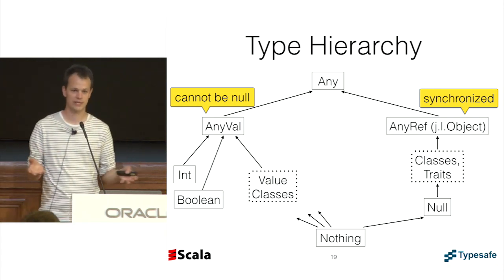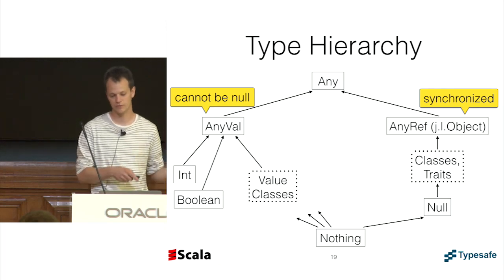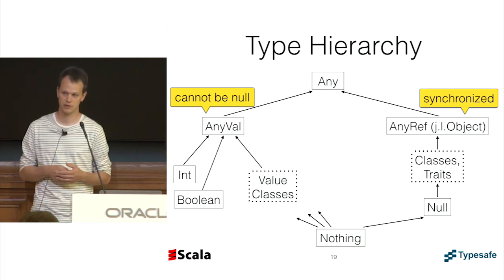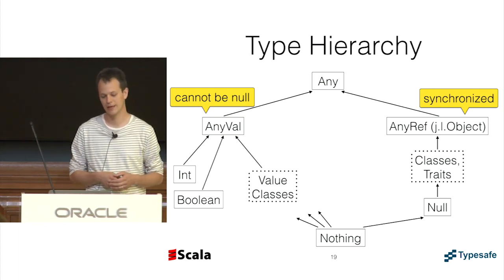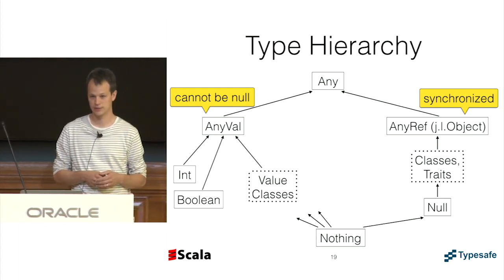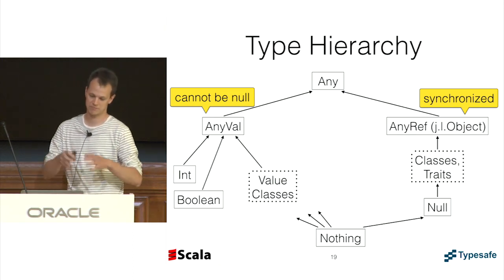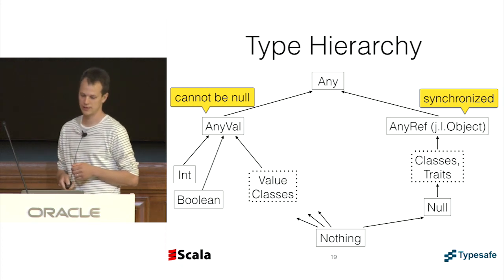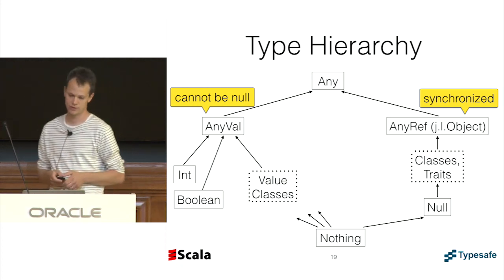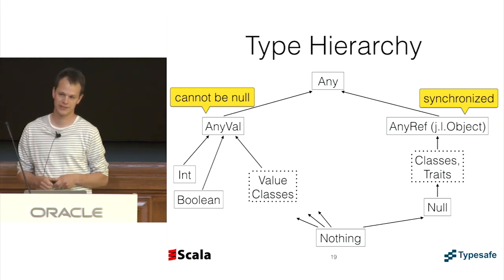If you try to assign the null value to a parameter or a field which has a parent of AnyVal, you will get a compile time error. And similarly, values cannot be used to synchronize, okay? In Scala, synchronization is like a selection on an object, and that object has to be an AnyRef. So if you have an AnyVal, then you simply don't have synchronization available by the type system.